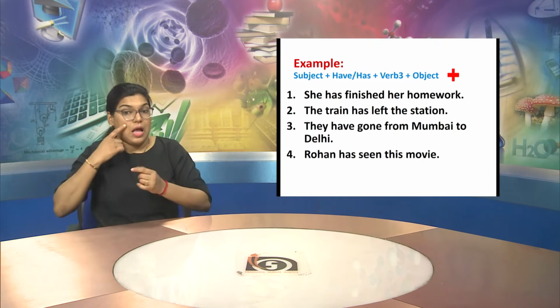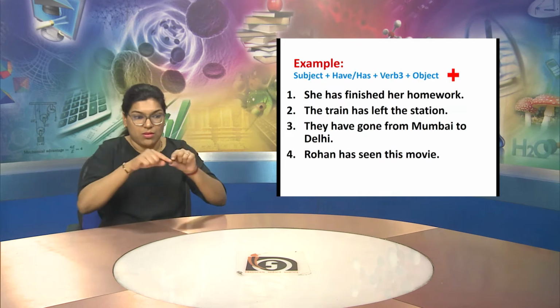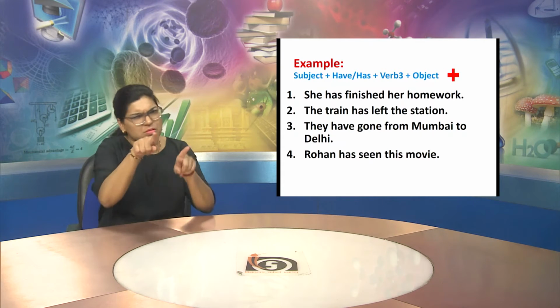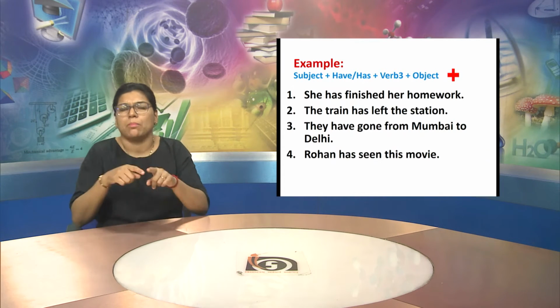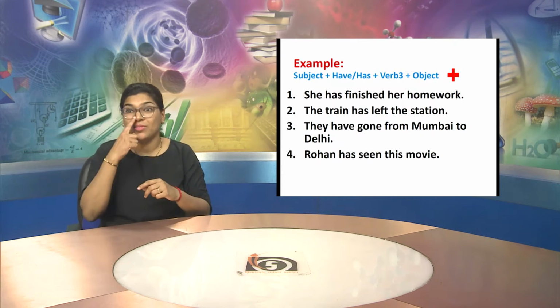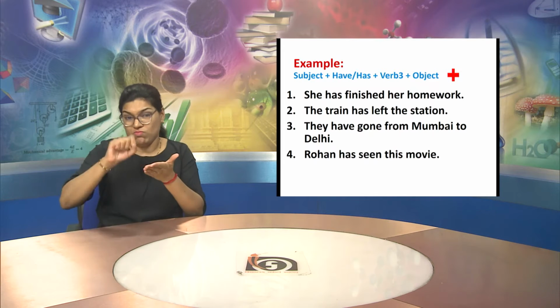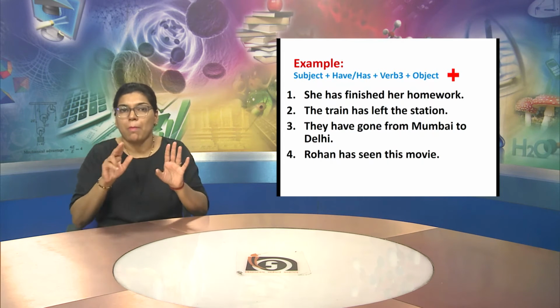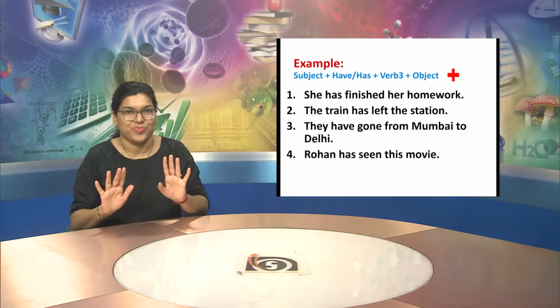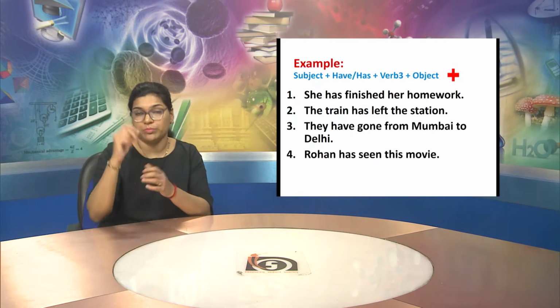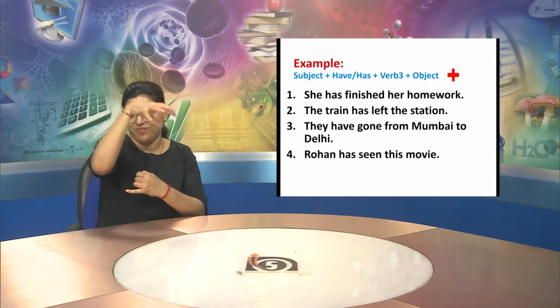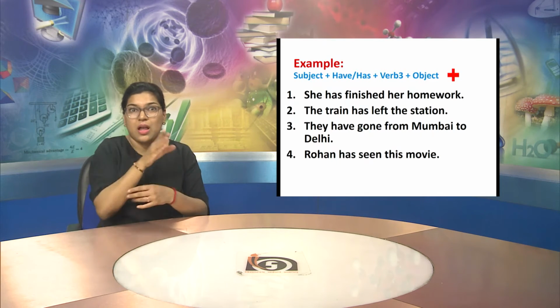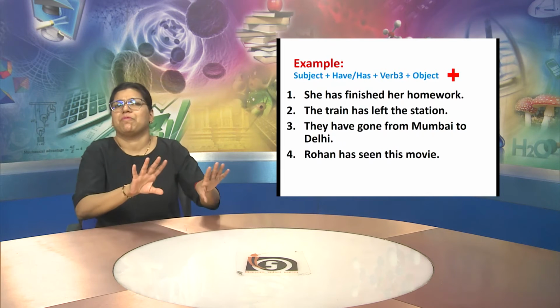So, we have to remember that English grammar is different and sign language grammar is different. So, in English, when we use something is complete, then we use this third form of verb.